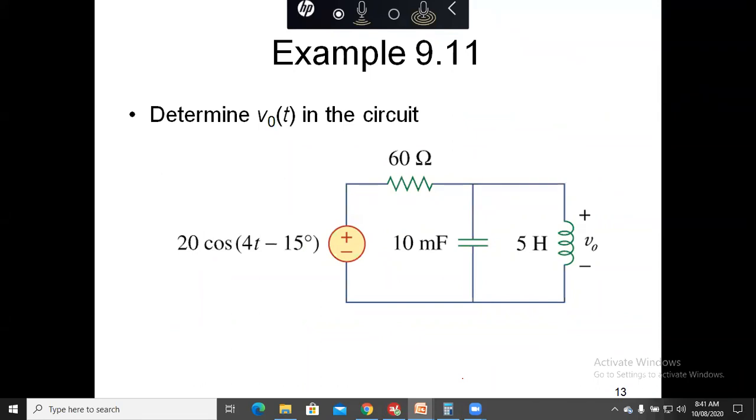For phasor representation, you need to know the omega, the value of omega. Do you know the value of omega here? So the value of omega is 4.